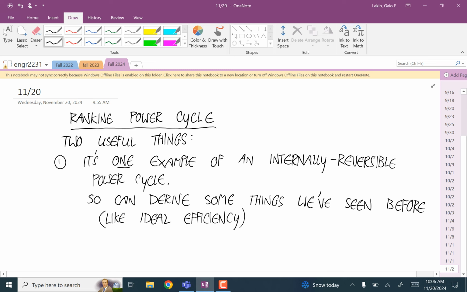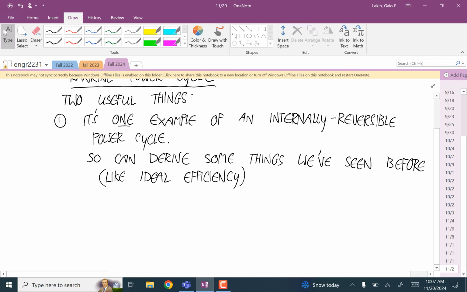Like before, I said the efficiency of a power cycle is 1 minus QC over QH. And then I said the ideal efficiency of a power cycle is 1 minus TC over TH, right? But that seems like a big jump. How can we assume that? Well, today we can use this to show why that is. So that's one thing we can do.